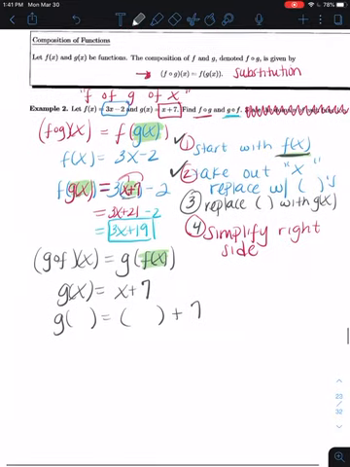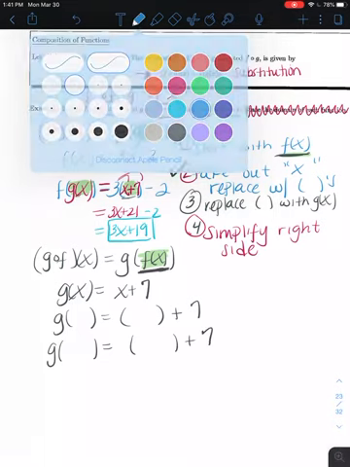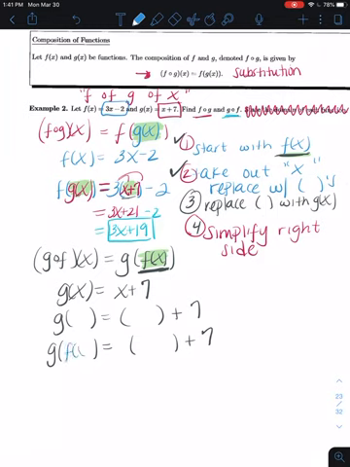All right, and then you simplify the right side. So my next step would be to everywhere I see a parentheses, I want to replace what's inside the parentheses with f of x. So f of x goes here, and then on the right side, I put what f of x equals here. F of x equals 3x minus 2.